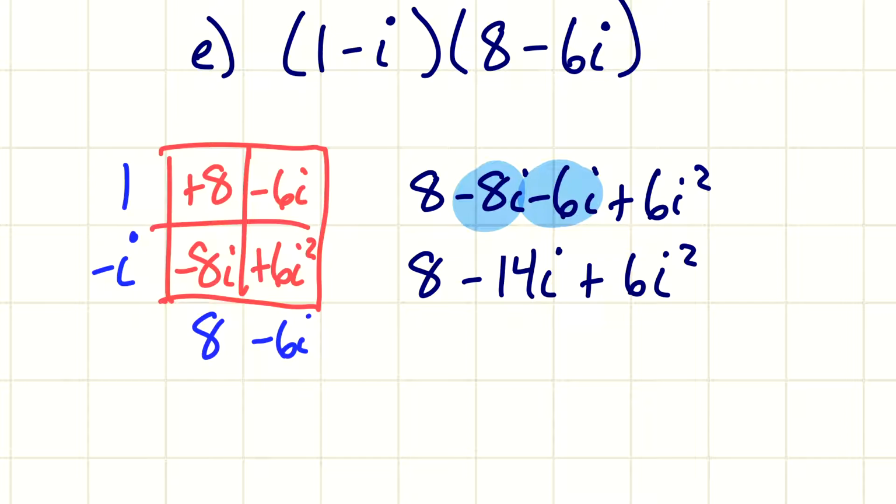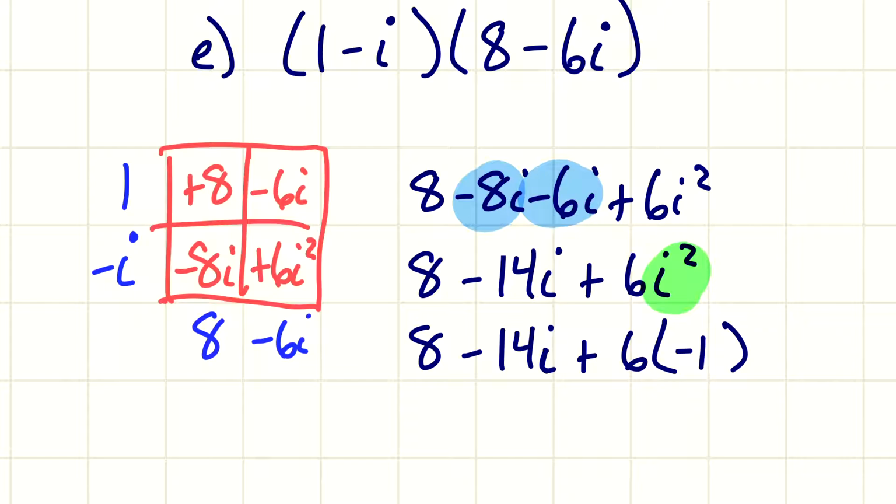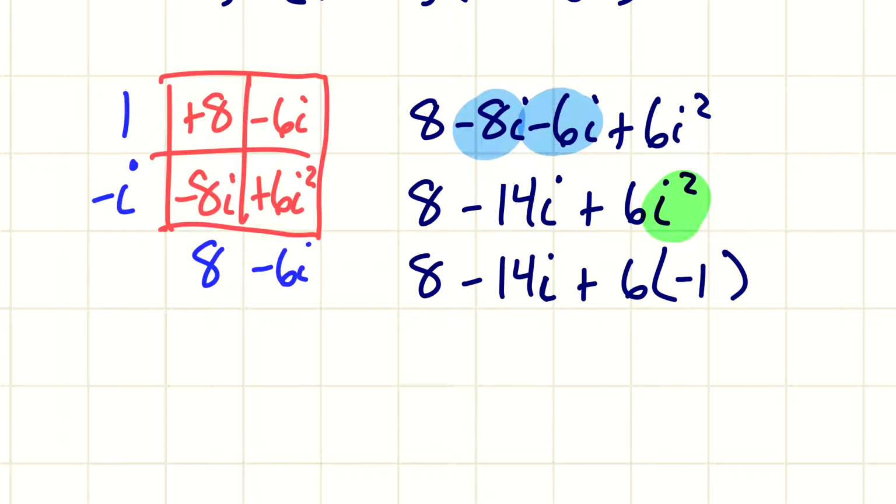Now this is different because this is the first time we've actually had an i squared that we could turn back into a real number. And so I'm going to replace the i squared with parentheses, and then inside the parentheses I'm going to put negative 1. That's not a minus 1, that's times a negative 1.